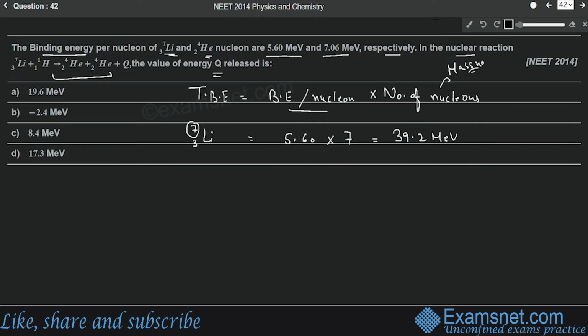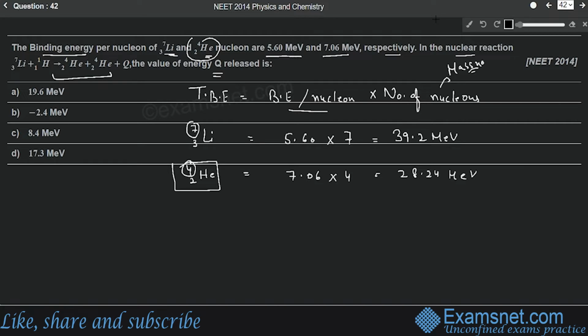Okay, now for helium. So for helium 4-2, the binding energy per nucleon is given as 7.06 MeV, and the mass number, that is number of nucleons, is 4. So the total binding energy will be 28.24 MeV. But this is the total binding energy of one helium atom, right?